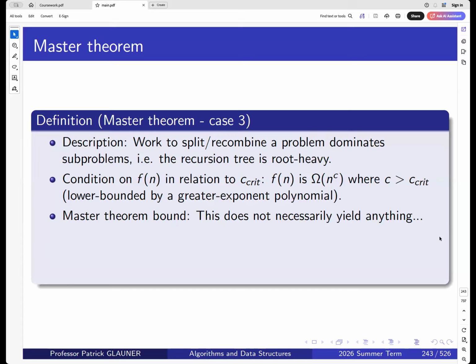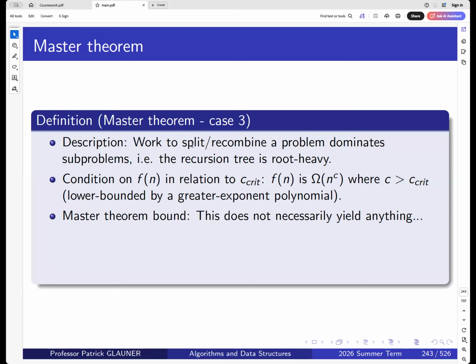And now the last obvious case is that the work for splitting and recombining takes most of the time and dominates the work in the subproblems. So we would say such a recursion tree is root heavy. And this one is slightly more complex, but again, it's just a few rules that can be followed.